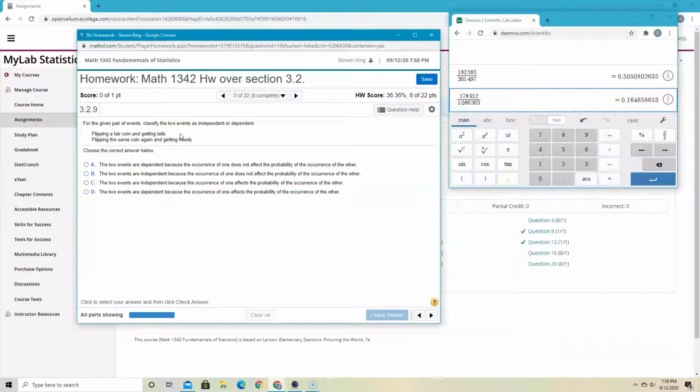That's the visible side of the coin. And now another event is flip the same coin a second time, again. Flip it again, which means a second time, and then you get a heads facing up.